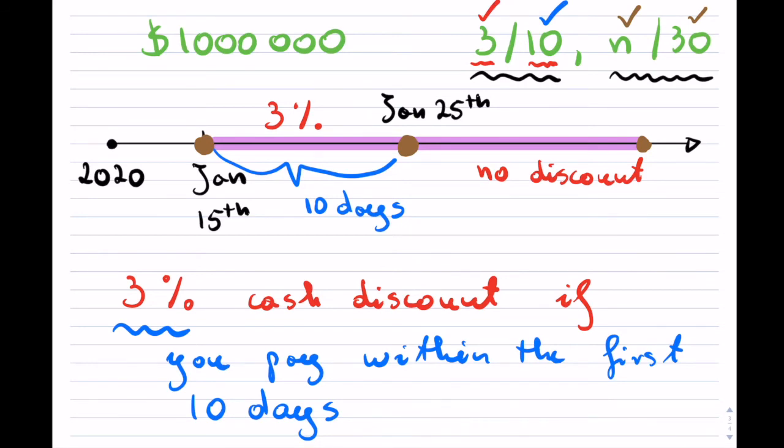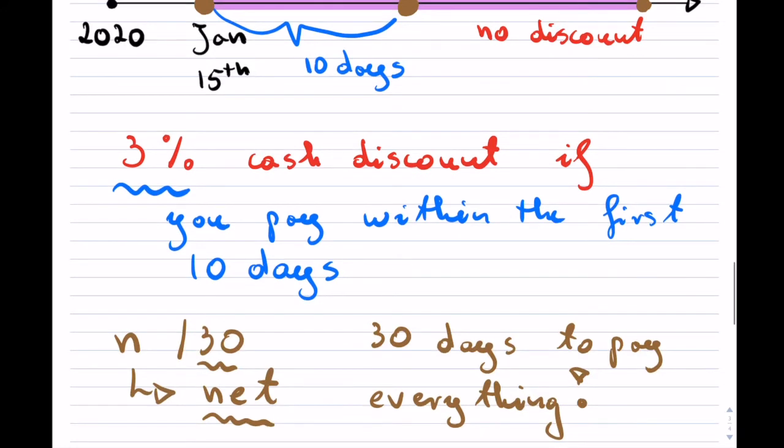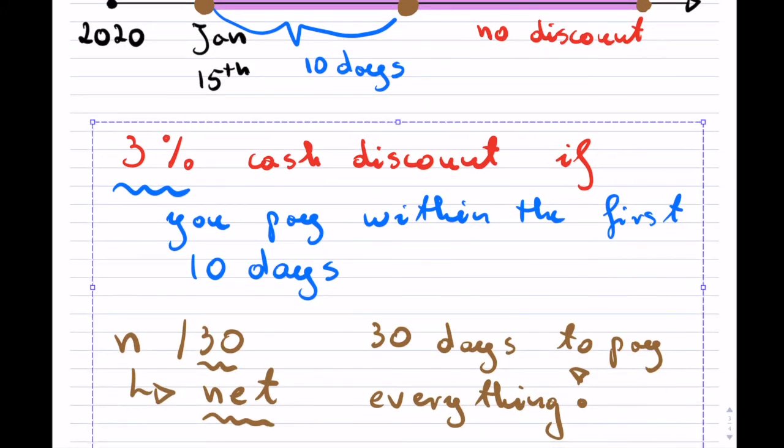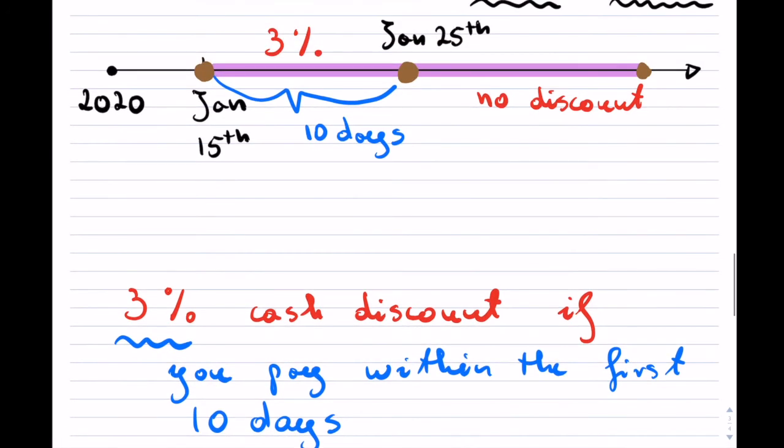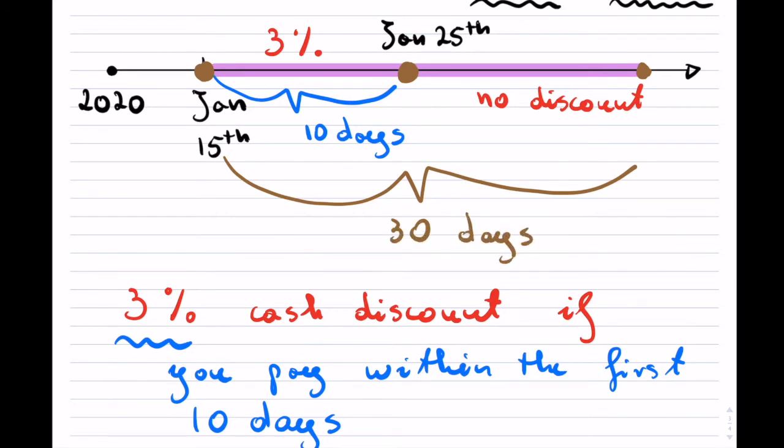So you can count in total how many days that would take. Let me shift this down a little bit, and I'm going to draw this. So here you have 30 days, and that is known as your credit period.